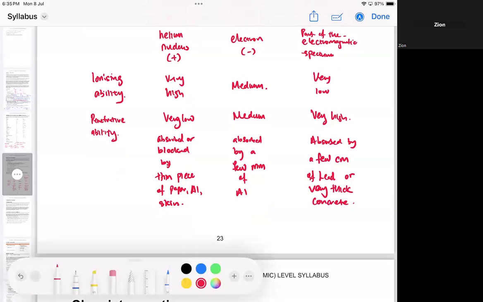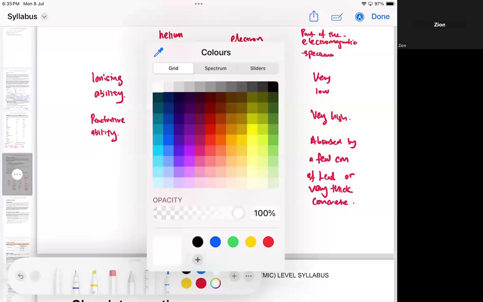I'll show you roughly one of the diagrams that is very commonly used.